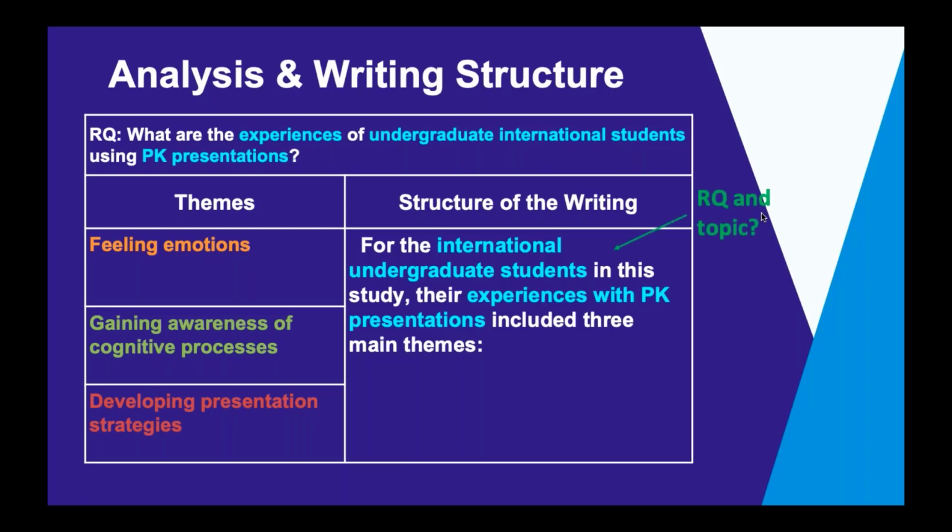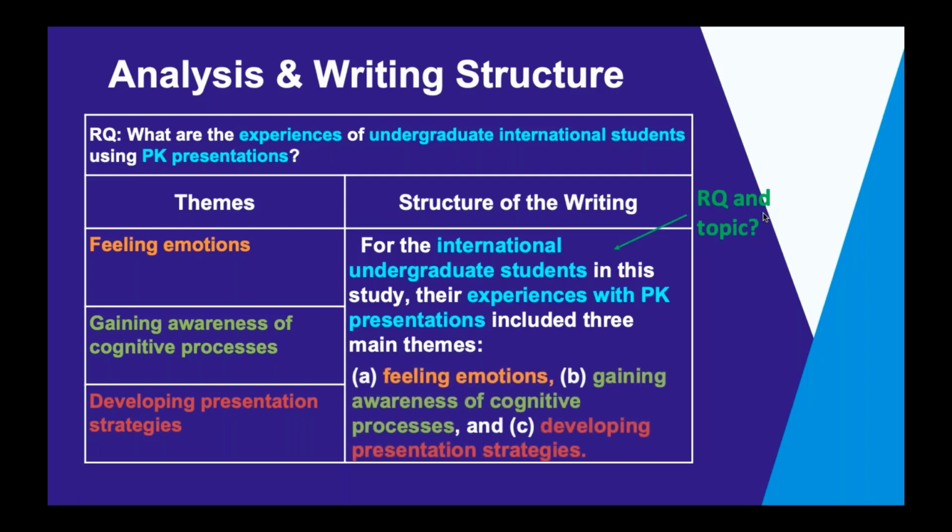Do I have my research question and topic? Yes, I do. Perfect, I can go on, and now it's simple listing. I can just list my themes and keep the entire main keywords. And have I used all of them? Yes, I have. There's little ambiguity going on here. The reader knows exactly where I'm going.